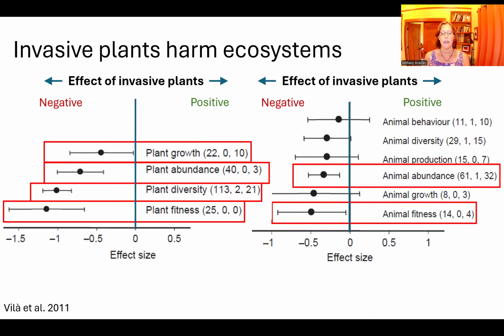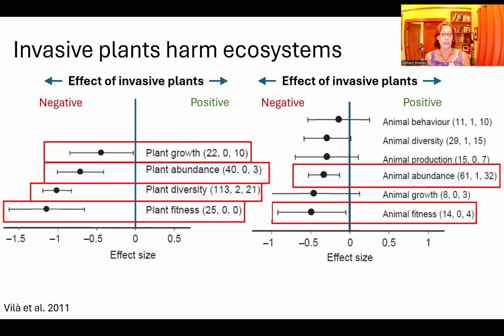So you can see that these show a significant negative effect on plant growth, plant abundance, plant diversity, and plant fitness when you have invasive plants present, and a significant negative effect on animal abundance and animal fitness, but also a suggestion of a negative effect for other animal things like behavior, diversity, production, and growth.